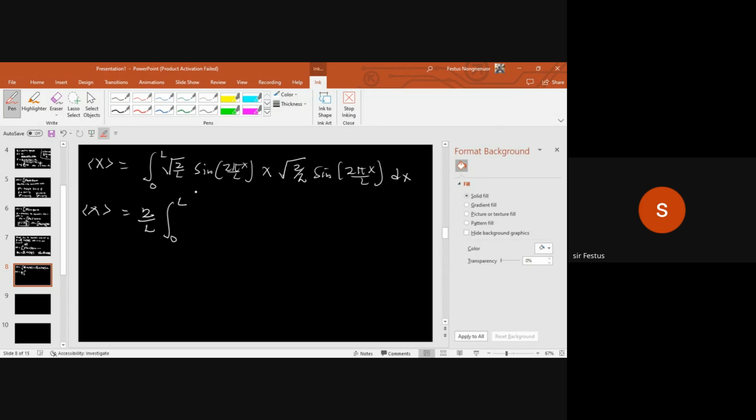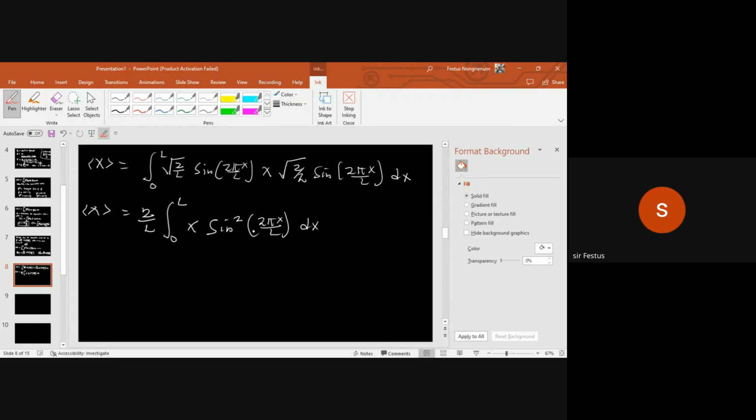So let me bring the x before. We have x, then sine square, 2 pi x on L, then the dx. So we will now integrate this.